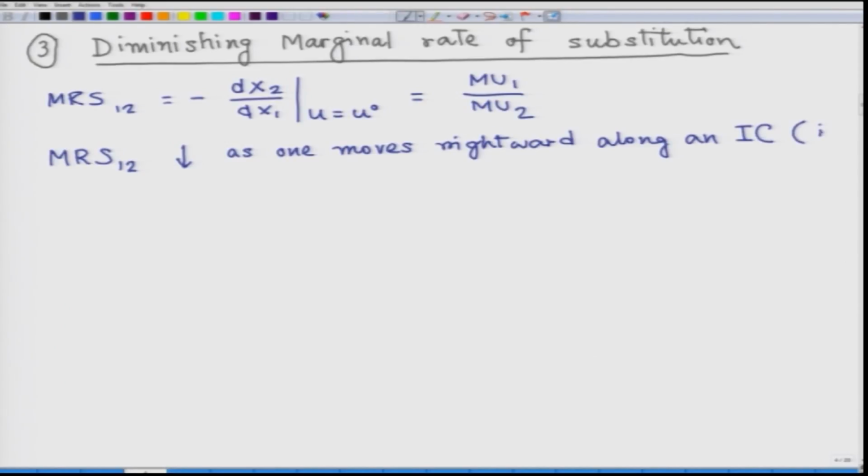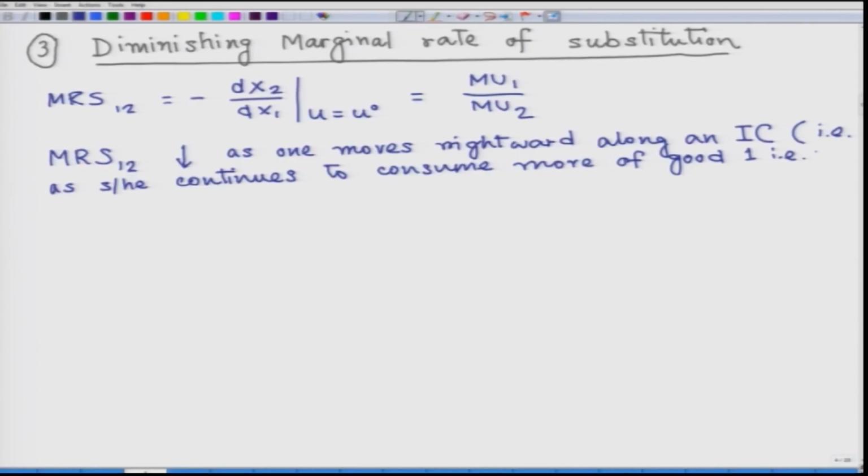It implies as he or she continues to consume more of good one. It implies x1 in our case.